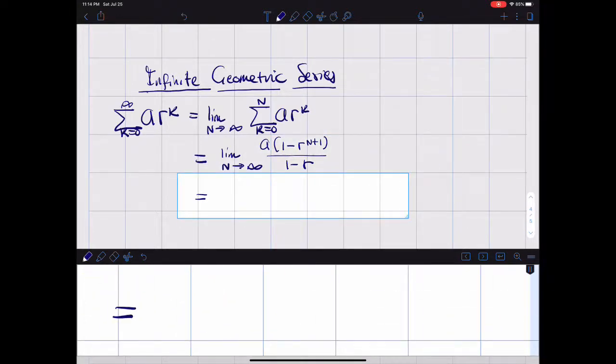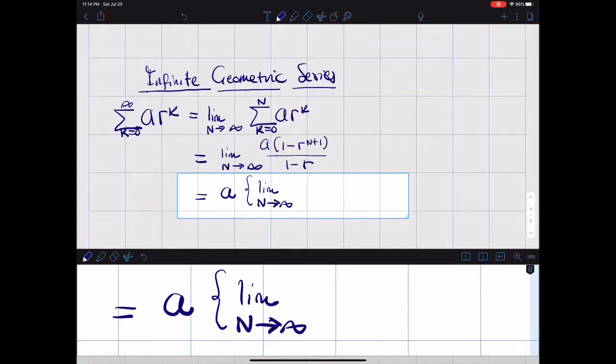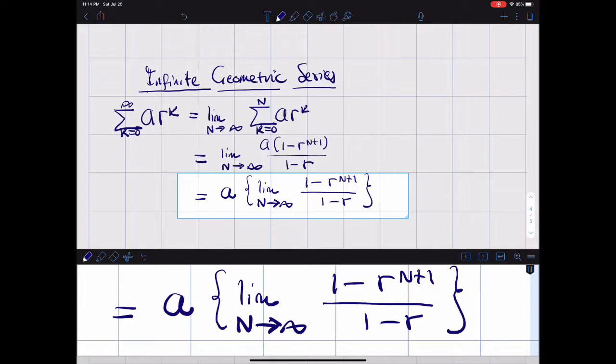So we can factor out the a. The a is a constant, so we're just dealing with 1 minus r to the power of n plus 1 over 1 minus r. Think of what this fraction looks like for different values of r. Let's start with r equal to 0.